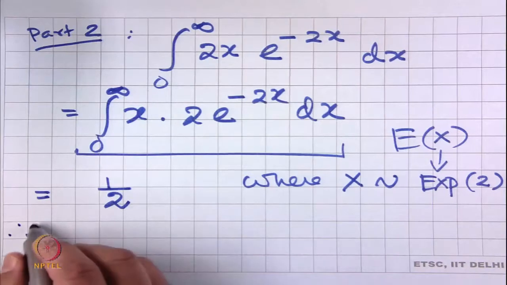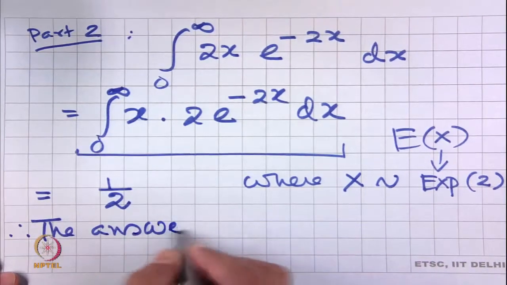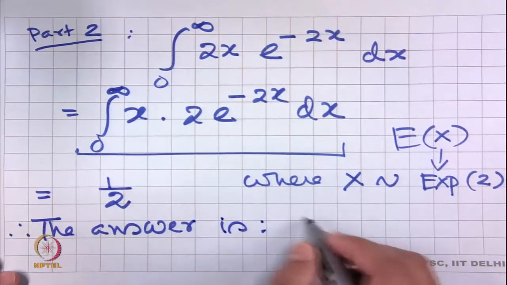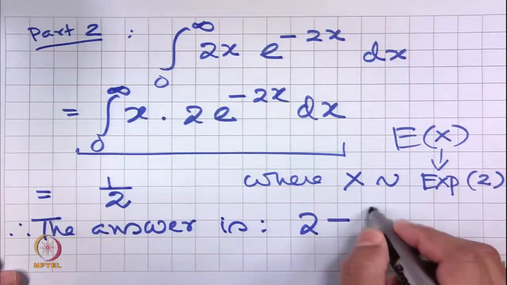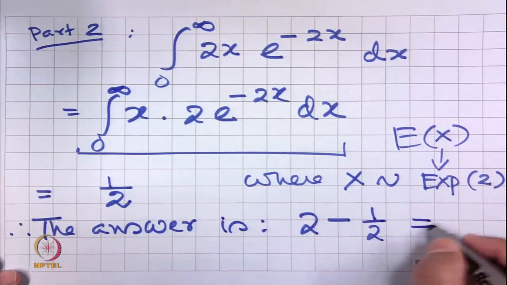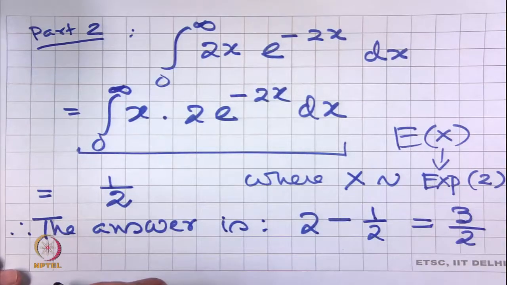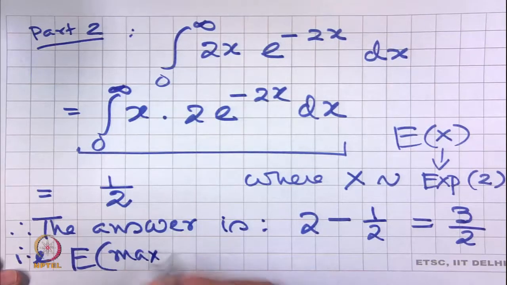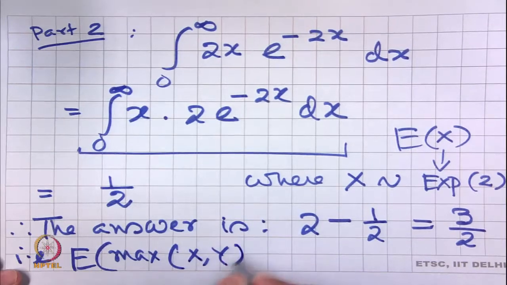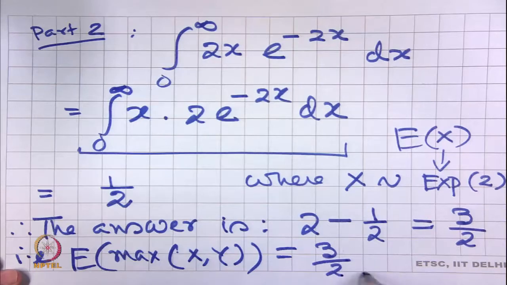Therefore, the answer is 2 minus 1 upon 2, which is equal to 3 by 2. That is, expected value of max of x comma y is equal to 3 by 2.